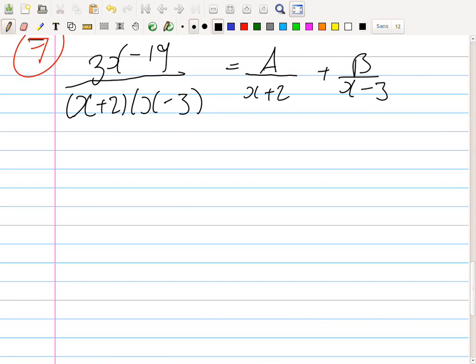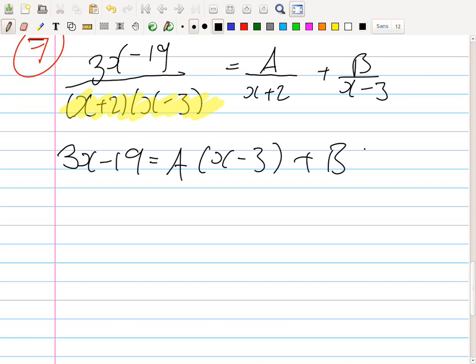We multiply everything by this denominator, so every single term gets multiplied by these two. Terms will cancel and you'll be left with 3x minus 19 equals A times x minus 3 plus B times x plus 2.